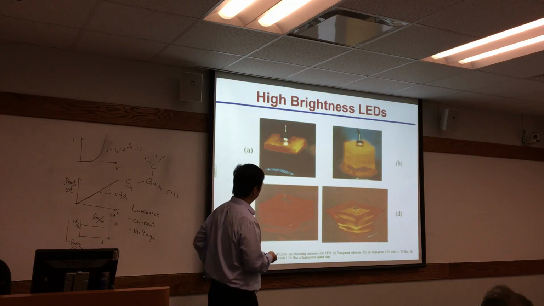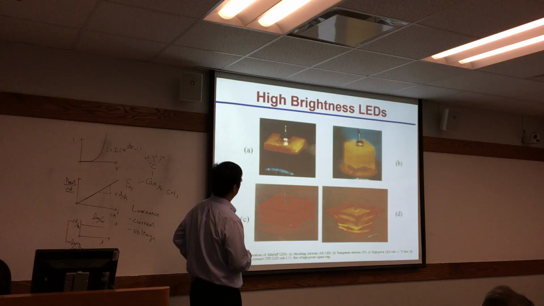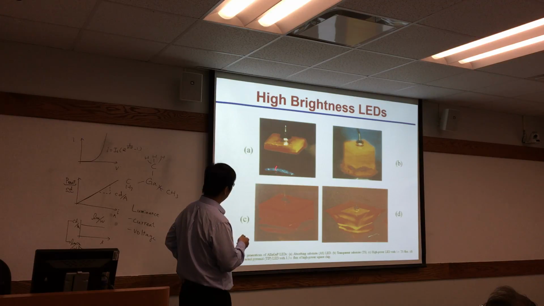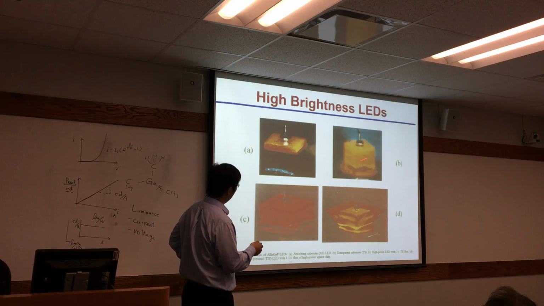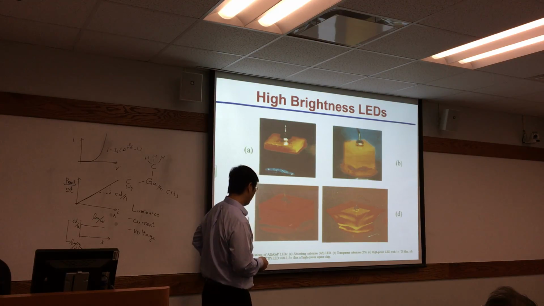So for example, this is the evolution of the LED die. At first, for example, we used gallium arsenide, so you can see the absorbing substrate. So here is black. If we change to gallium phosphide, then you can see that it is transparent.